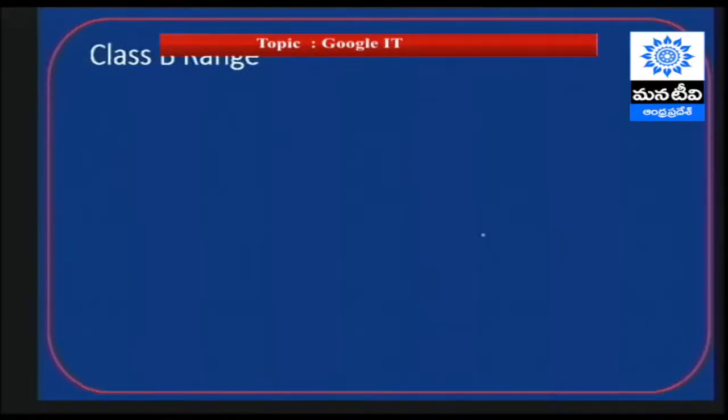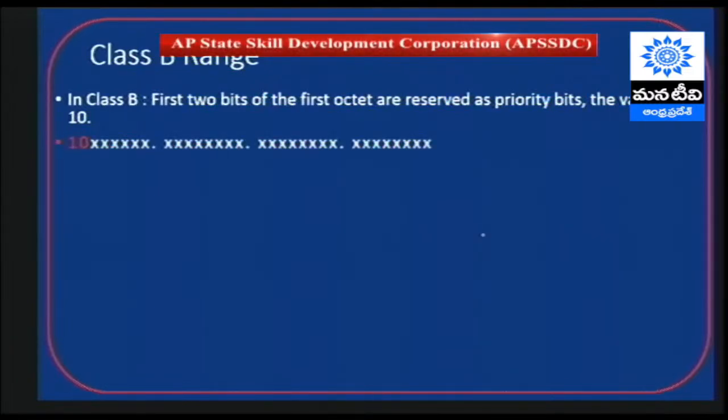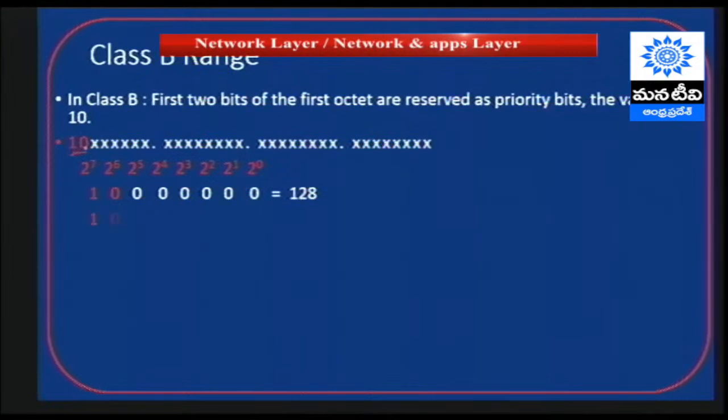Okay. So let's go to class B now. In class B, we have 2 priority bits reserved, that is 1 and 0. So out of the 8 bits in the first octet, you can see 2 bit values have been reserved as 1 0, and then the rest of the 6 bits are available for use.